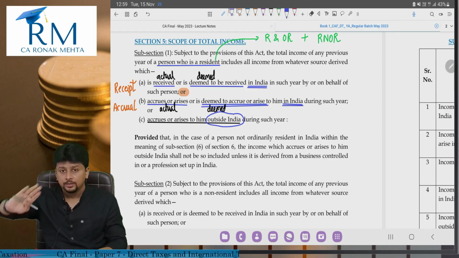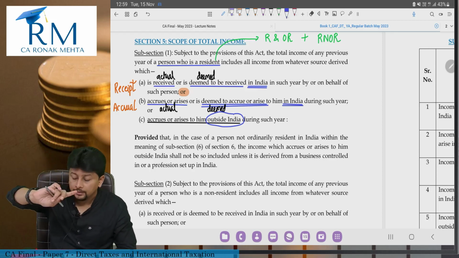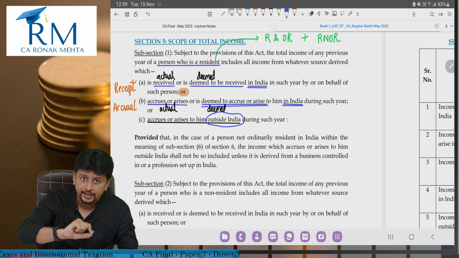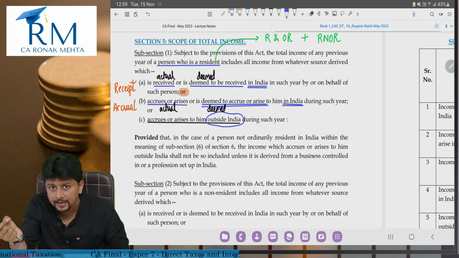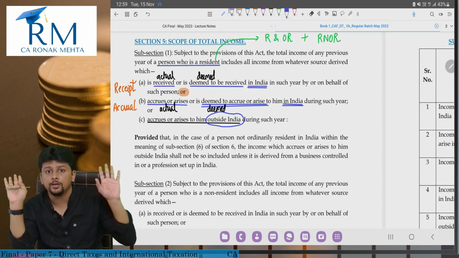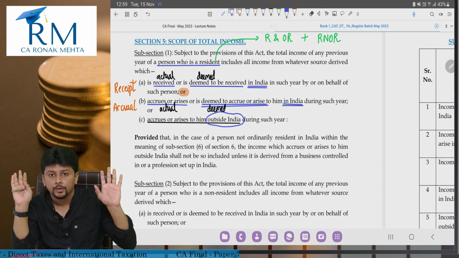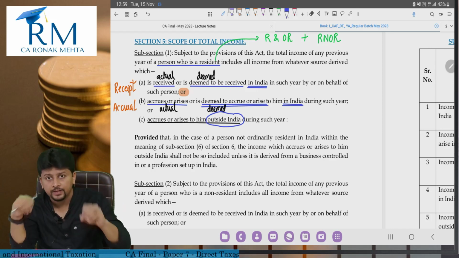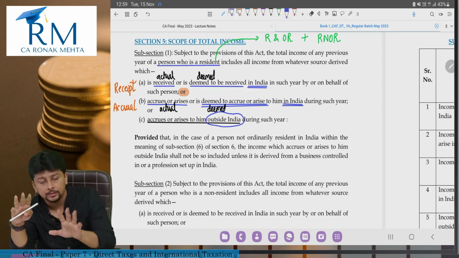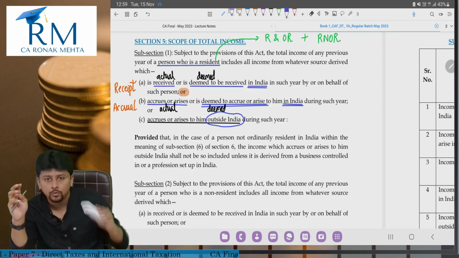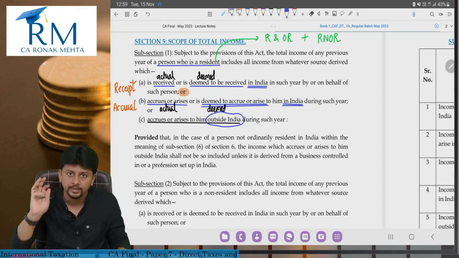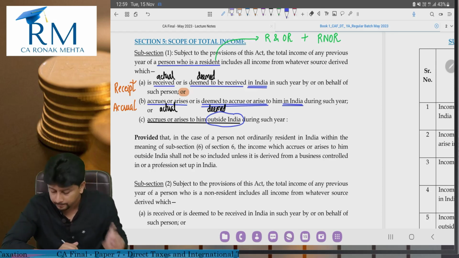But subsection 1 says that if you are a resident, whether the income accrues in India, is received in India, or accrues outside India, you will include that in your total income. A, B, C, everything will be charged to tax. So as far as a resident is concerned, wherever you earn income globally, you will have to include it in your total income. In simple words, you will have to pay tax.